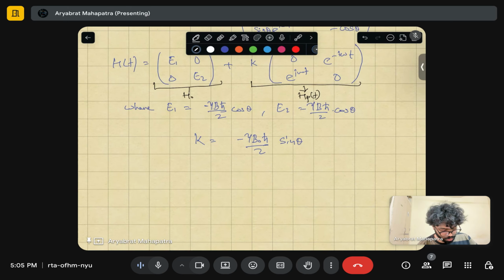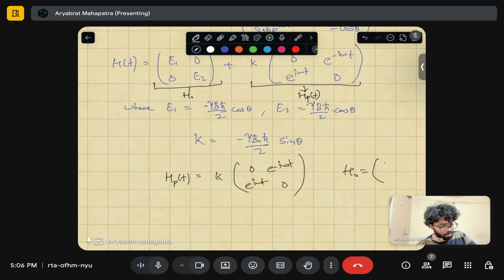This is the perturbing part of your Hamiltonian, k times 0, exponential minus i omega t, 0, and your H naught, which is E1, 0, 0, E2. This is time independent.